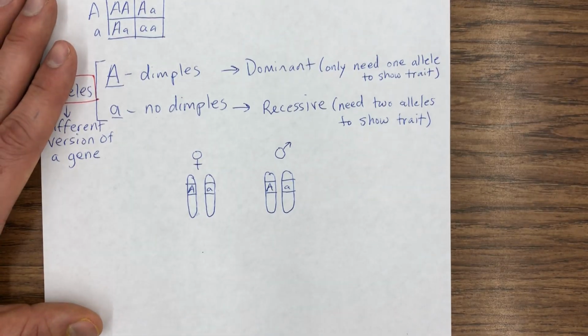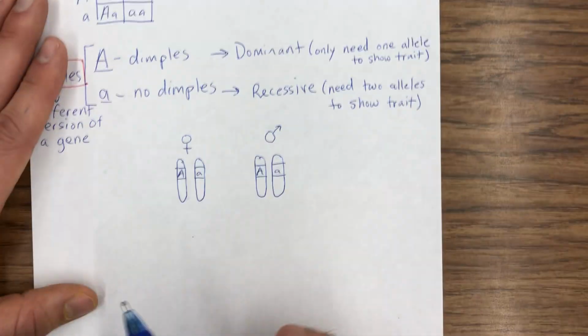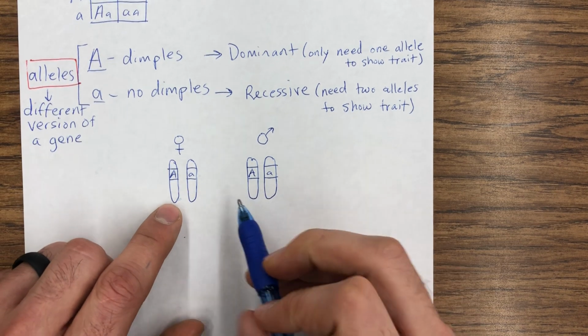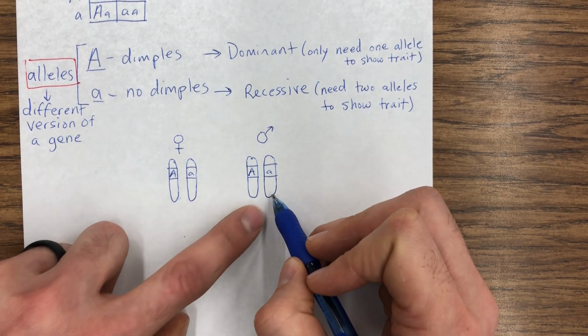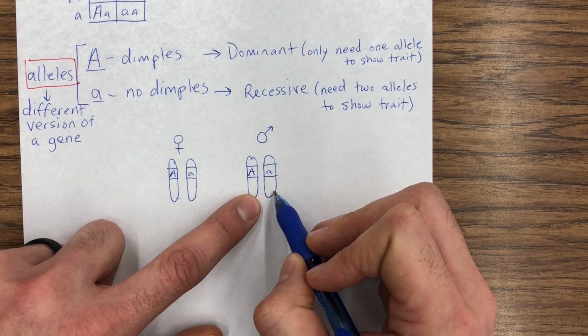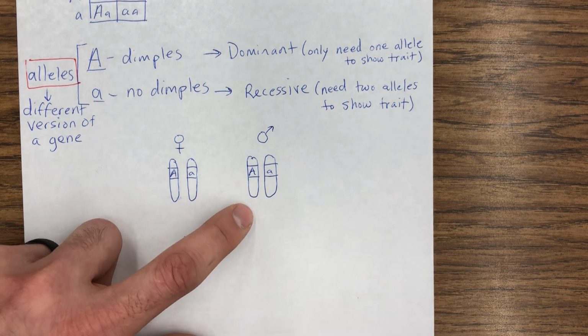Now, for you, basically how this works is that your parents' chromosomes are going to split and go into different gametes, and then you will receive either one of these from your mom or one of these from your dad.